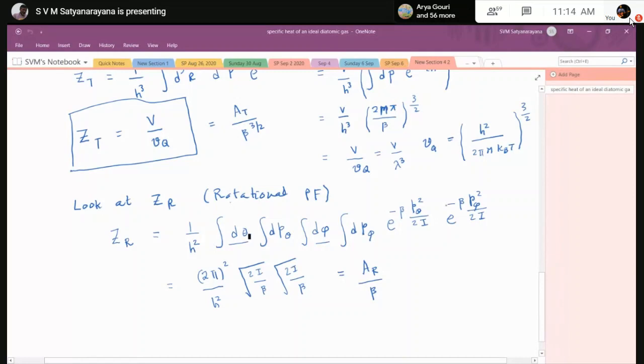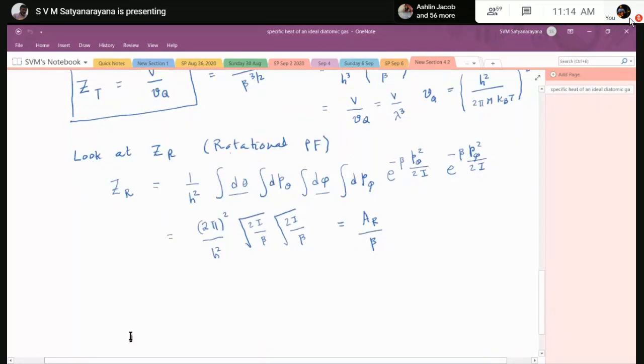So I have my Z rotation as some constant A_R divided by beta.